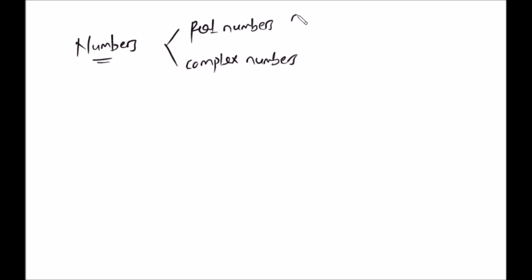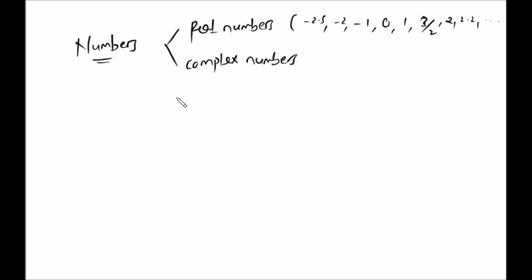So real numbers ndio zile zote tunazozifahamu, 0, 1, 3 chini ya 2, si ndio? 2, 2.2 na kuendelea mpaka trilioni zilioni. Sio positive 2, hata na negative 2, negative 2.5 na kuendelea. Zote decimali, fraction, namba zote unazozijua ni real numbers.